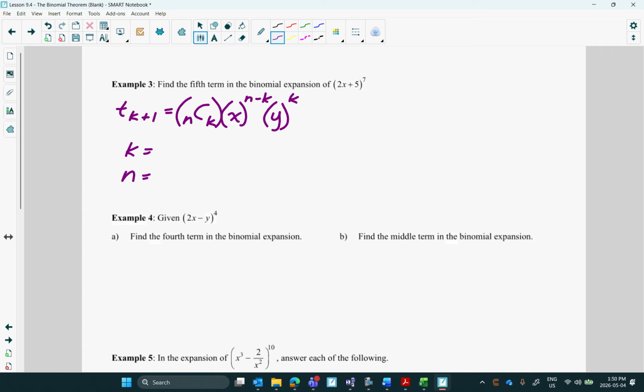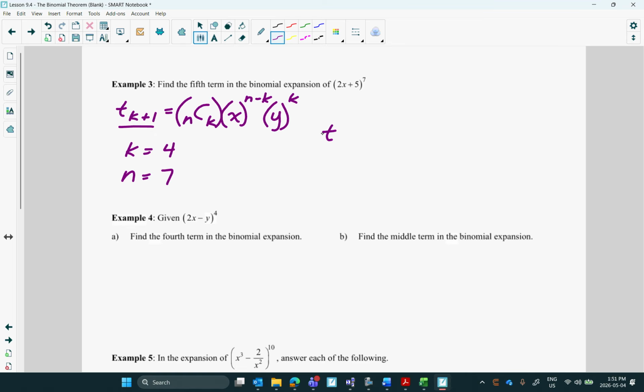Remember, this represents the term number. So if the term number is 5, what's k? 4. Right? Because if this is the 5th term, k must be 4. N is the number that we're raising the binomial to, the exponent we're raising the binomial to. 7. So now we just plug it in the formula.